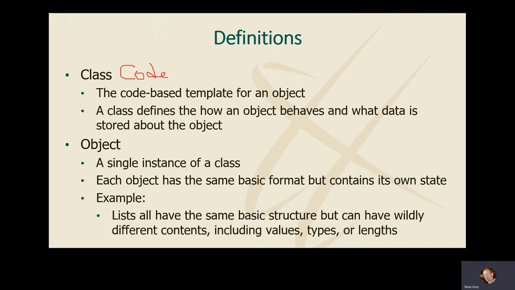So for instance, lists all have the same basic structure, but can have different lengths and content and values and variables and all that stuff. We can say L1 equals nothing, and L2 equals 1, 2, and a third element, which is a list of 2 other aspects.